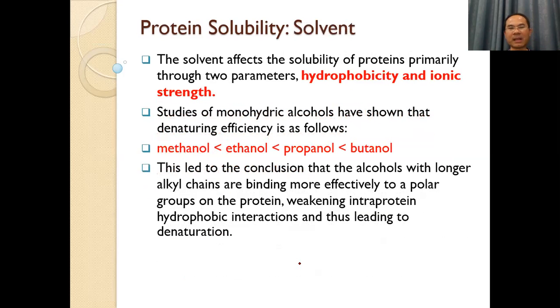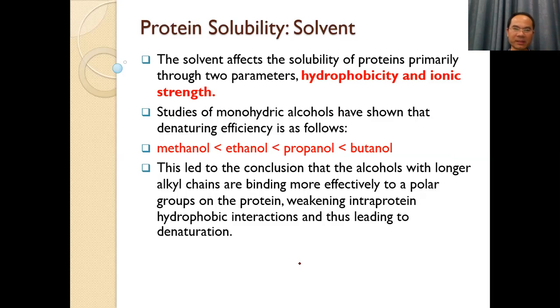The next effect is the solvent. Solvent also affects the solubility of protein. We can add some solvent to induce aggregation of the protein, to separate it out by precipitation. Solvent affects the solubility through hydrophobicity or ionic strength.